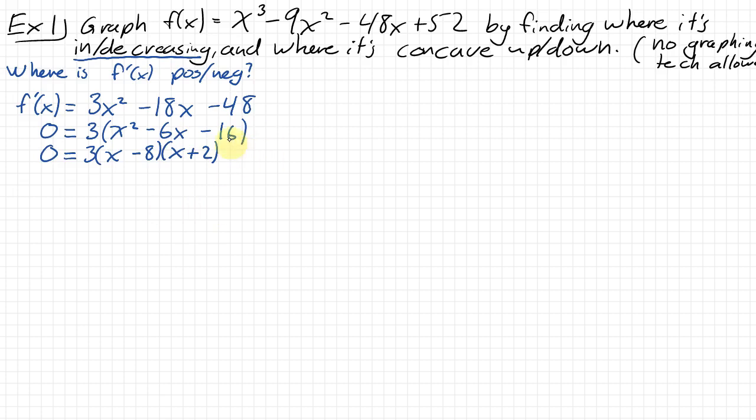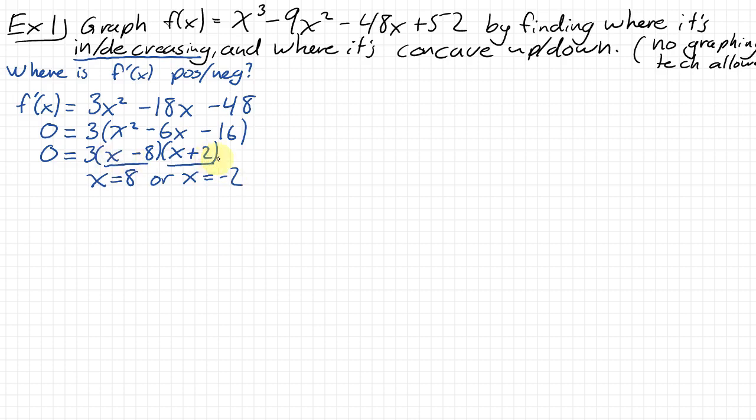We need two numbers that multiply to make negative 16 and add up to negative 6. The negative 8 and 2 will do it, so that works. So this is going to be equal to 0 at these values of x that make these two factors 0. So x minus 8 will be 0 exactly when x equals positive 8, or when x equals -2.